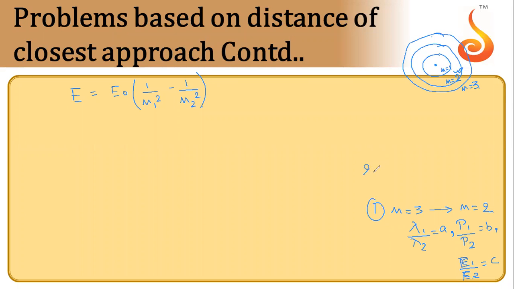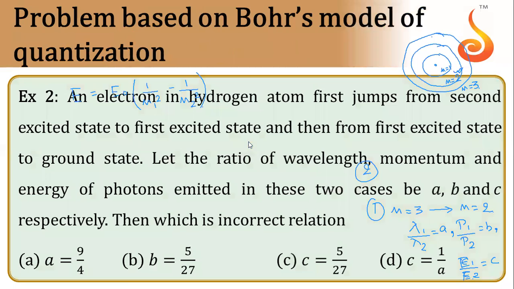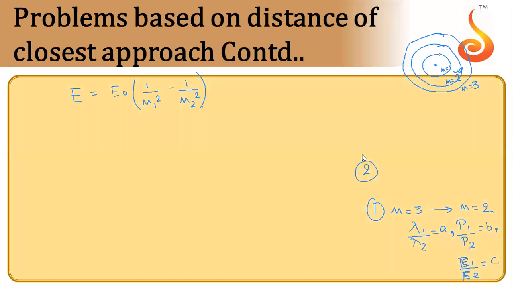In the second case, the electron jumps from the first excited state to the ground state, meaning from n equals 2 to n equals 1. So these are our cases, and the electron radiates a photon whose energies are E1 for the first case and E2 for the second case, similarly for momentum and wavelengths in both cases. Now we need to find the relations.